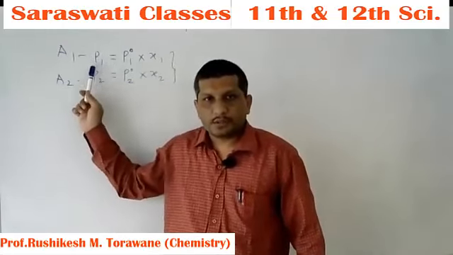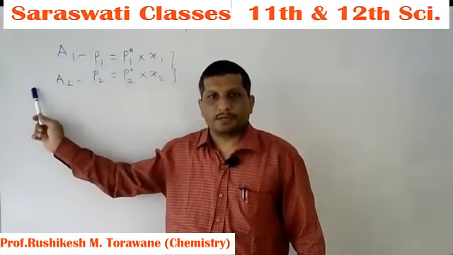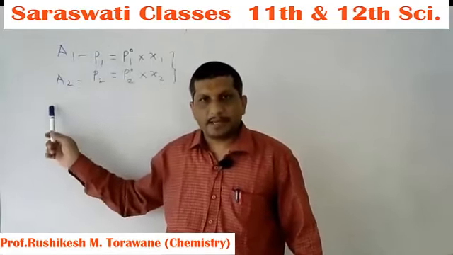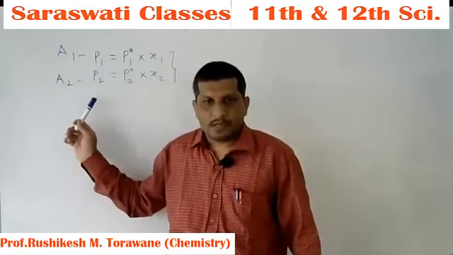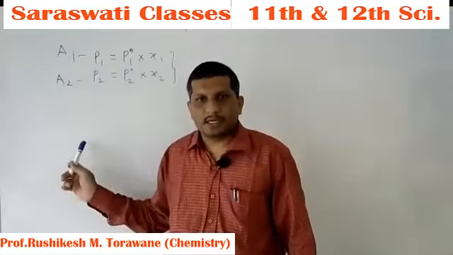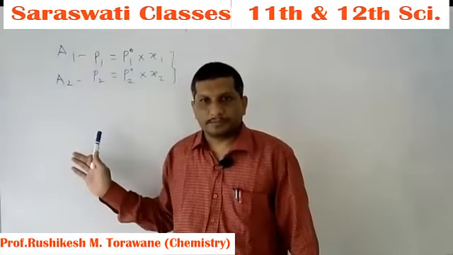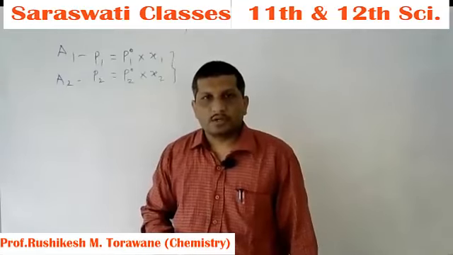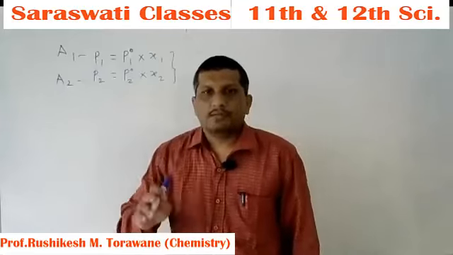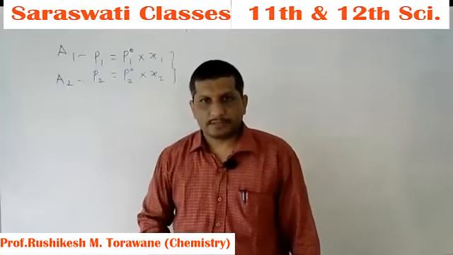The summation of these two terms is the total vapor pressure. This is also essential to explain Raoult's law, and it is very easy. Raoult's law depends on partial vapor pressure terms and mole fractions.